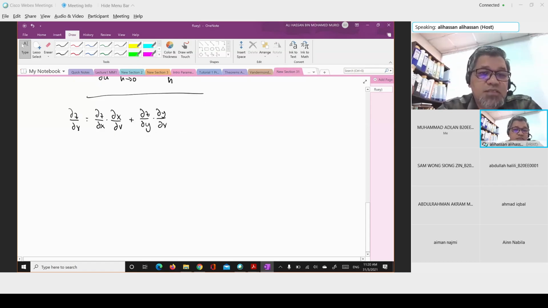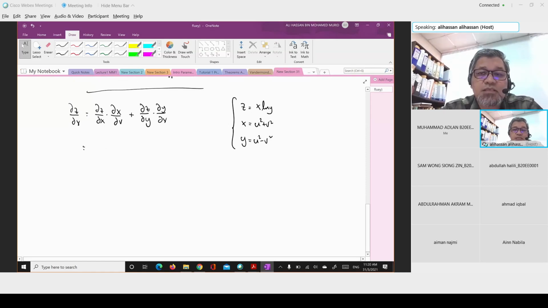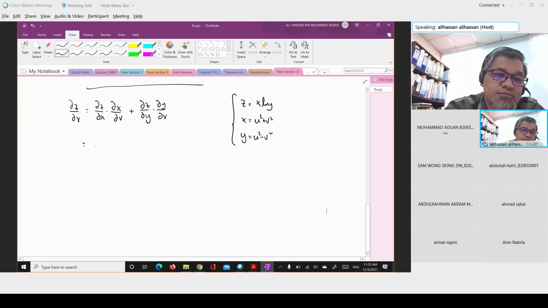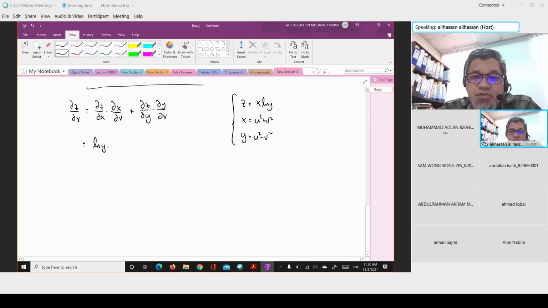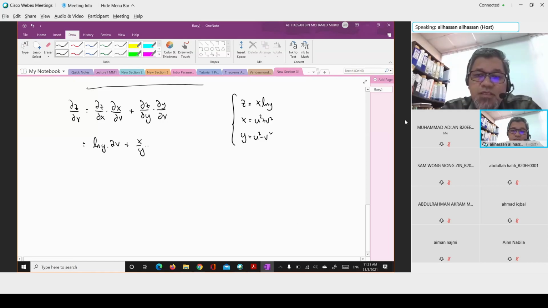So remember again what is z. z is x ln y, and x is u squared plus v squared, and y is u squared minus v squared. So z partial x is ln y, and x partial v here is 2v. z partial y is x over y, and y partial v is minus 2v.